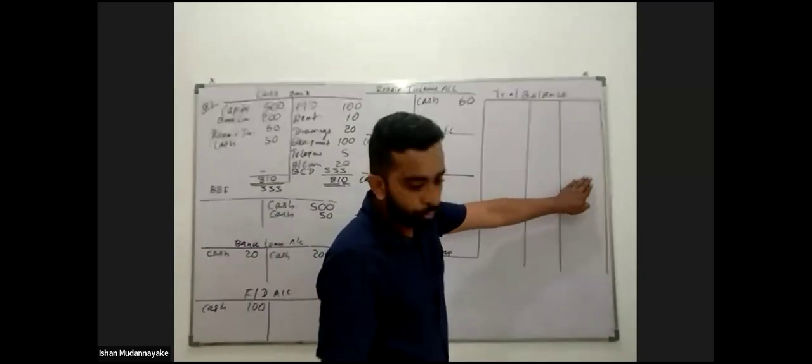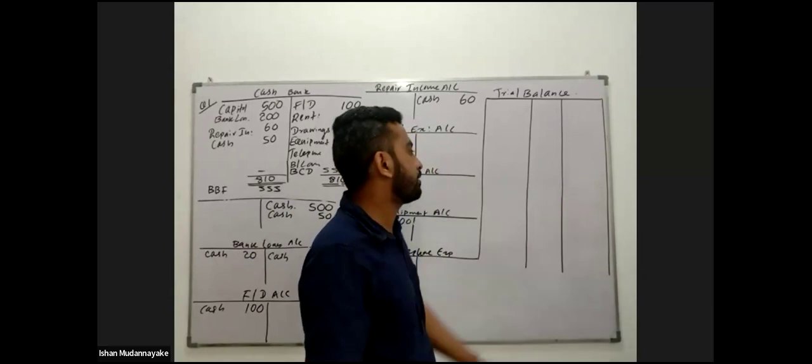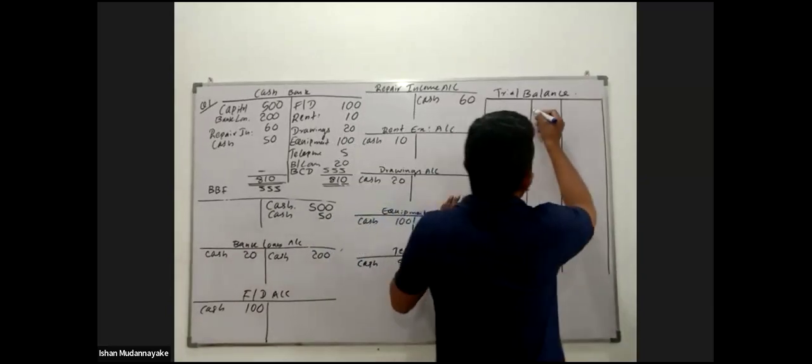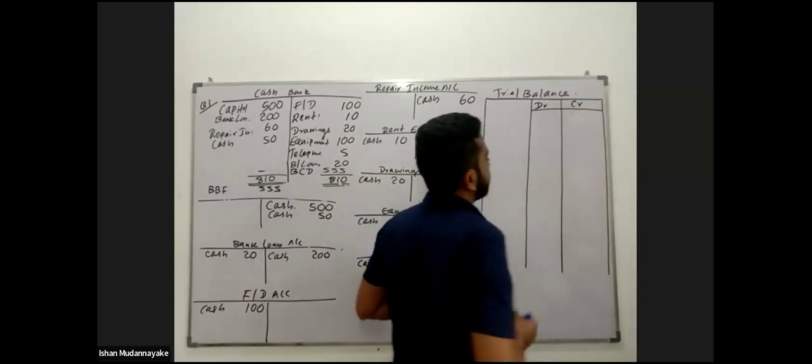In this column, we record all the credit transactions. Therefore, we will write down here DR, debit, and then CR, credit.